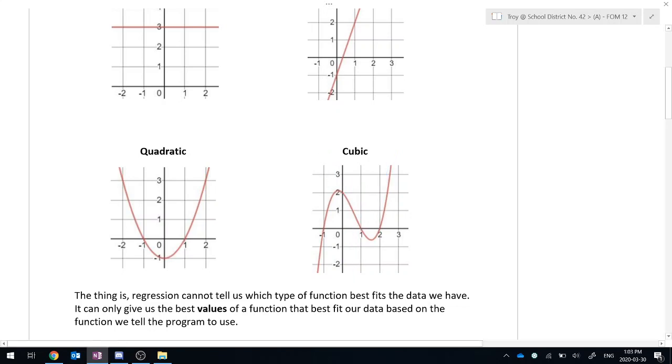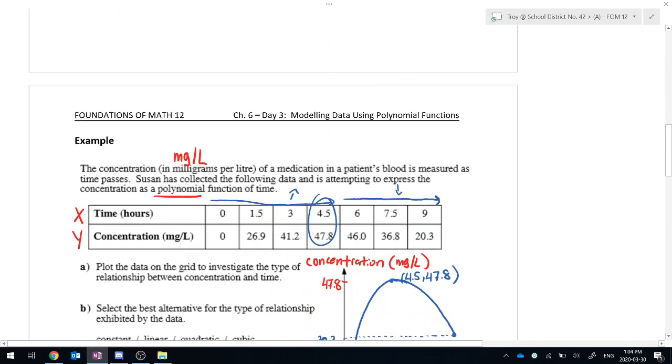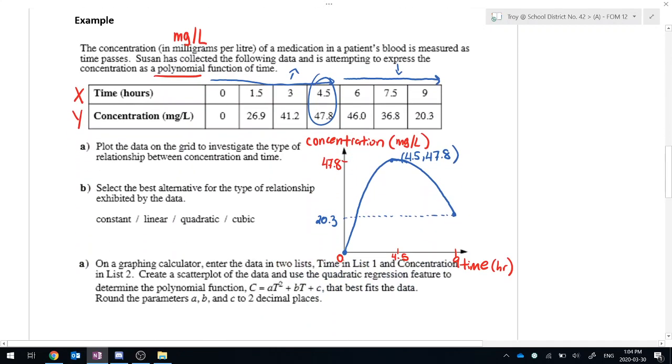Okay, so based on those 4 shapes, we need to make a decision as to exactly which one is the case for our question. I hope you agree with me that this is neither cubic, nor is it linear or constant. It is in fact a quadratic function that is opening downwards, because it has 1 turning point, which is the maximum there at 4.5 and 47.8.